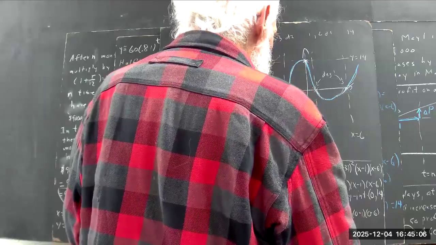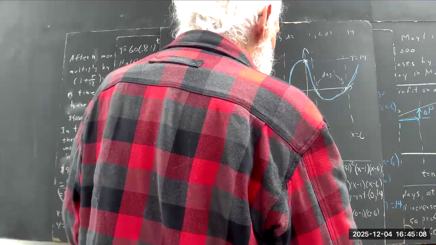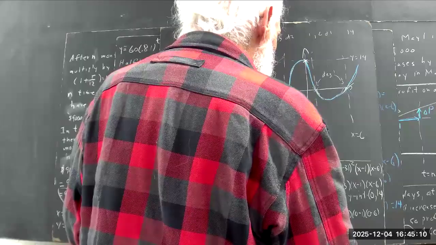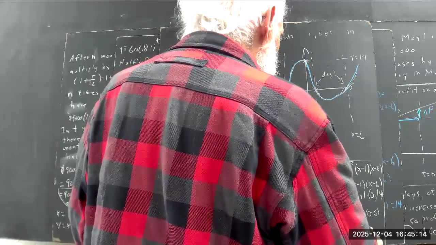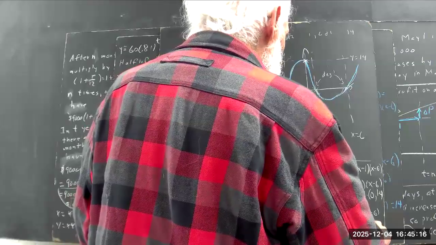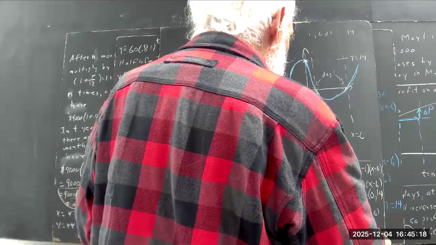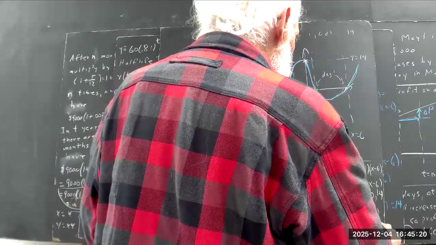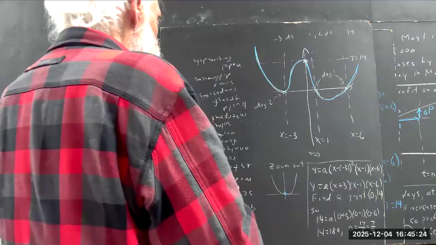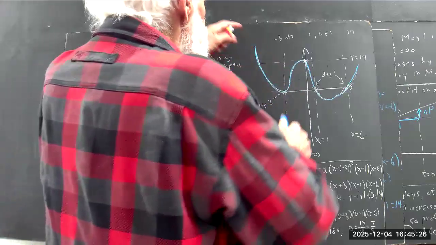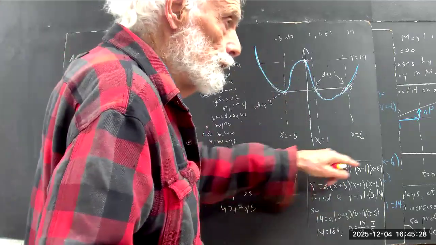So 14 equals 18A. So A equals 14 over 18, which equals 7 over 9. So now we figured out what the function is, or at least the function of least degree.